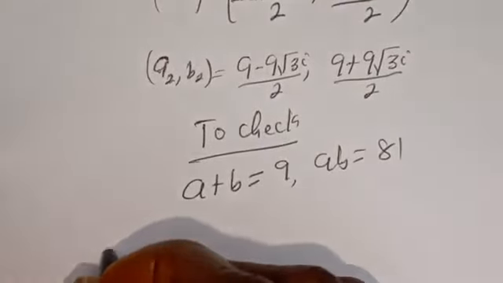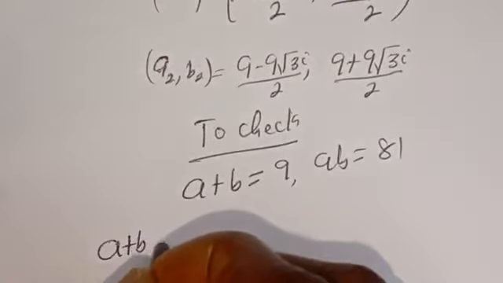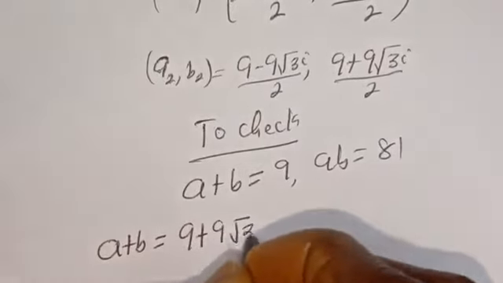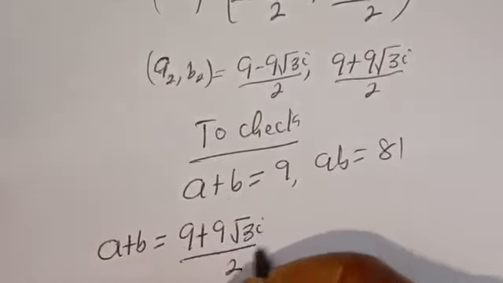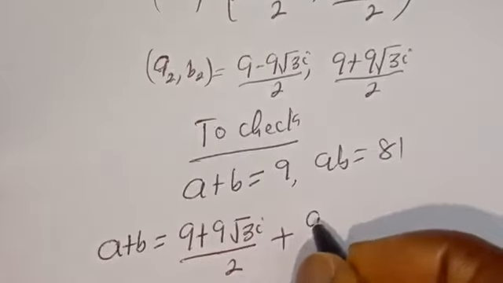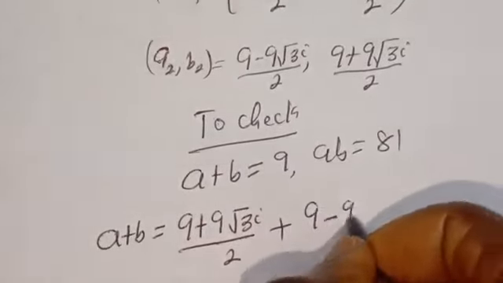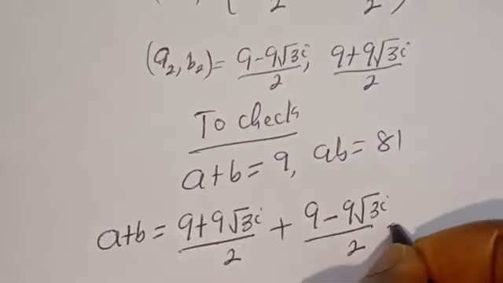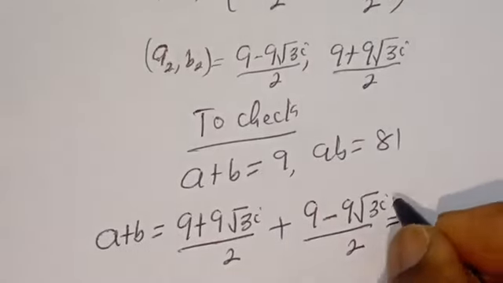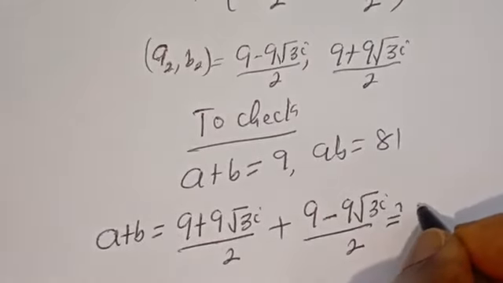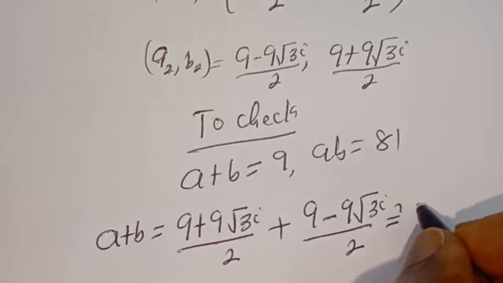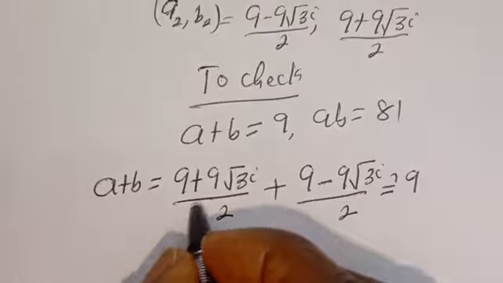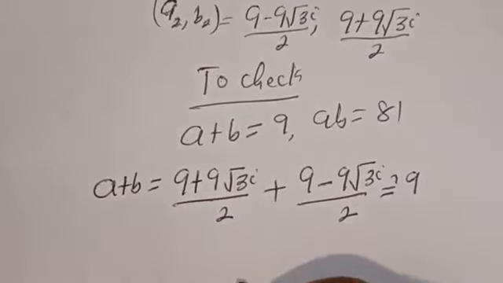Here, a plus b is equal to 9 plus 9 root 3i divided by 2 plus 9 minus 9 root 3i divided by 2 must be equal to 9. Then here, the LCM is 2.